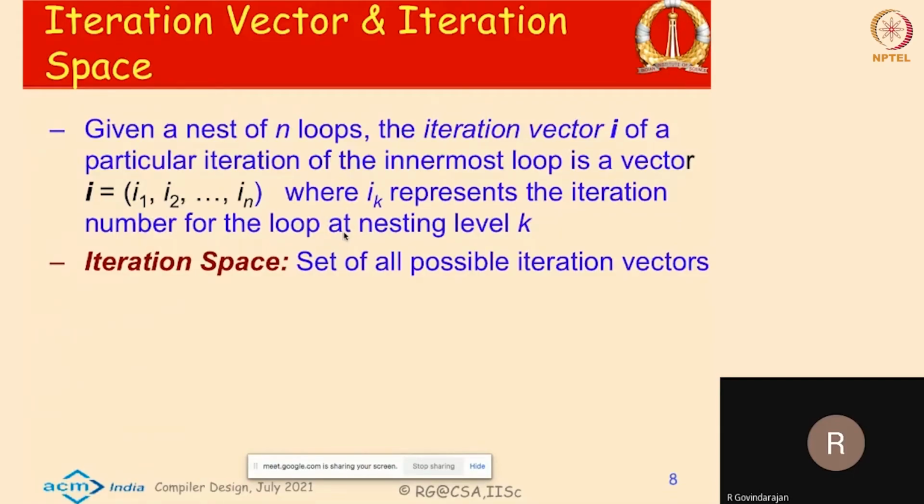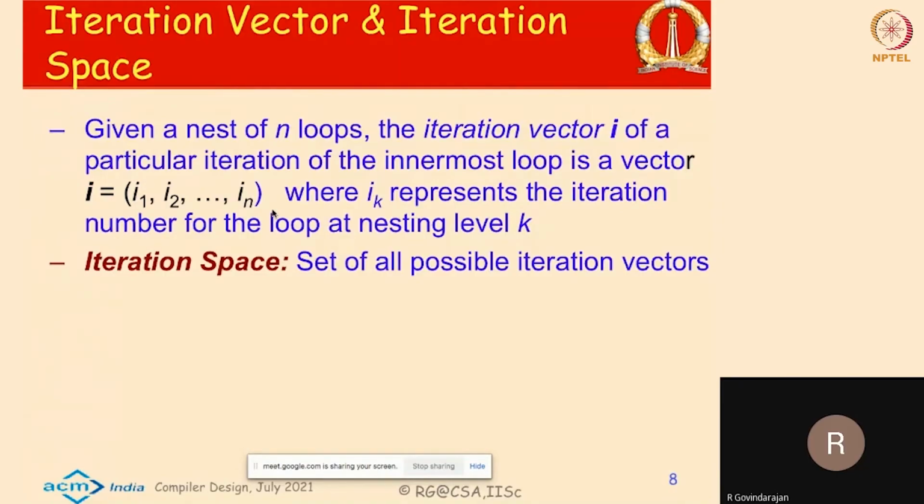If you form a vector out of that, corresponding to which iteration you are executing, that is what we call the iteration vector. For example, in a two-way nested loop, when I say the ijth iteration vector, it represents that the outer loop is executing for the ith time and the inner loop is being executed for the jth time. That is what we mean by the iteration vector.